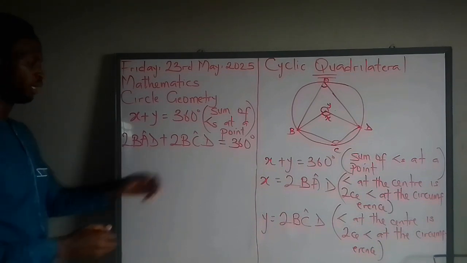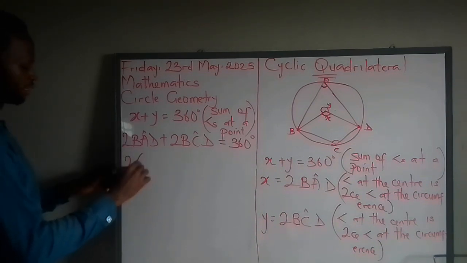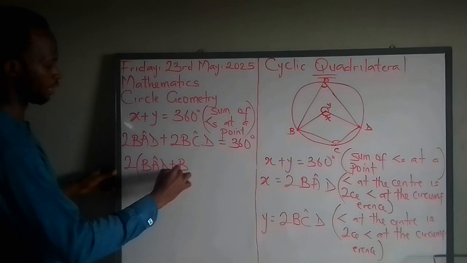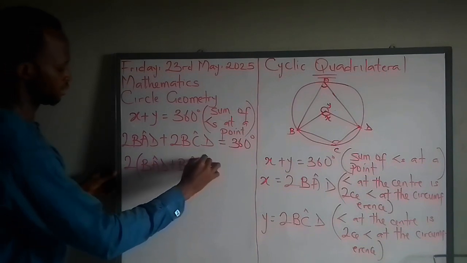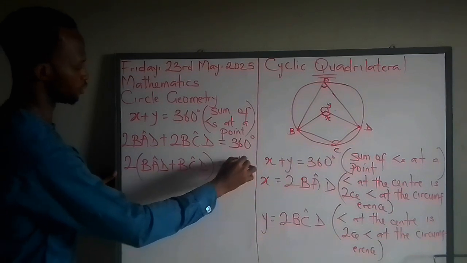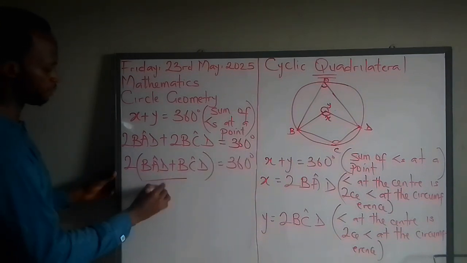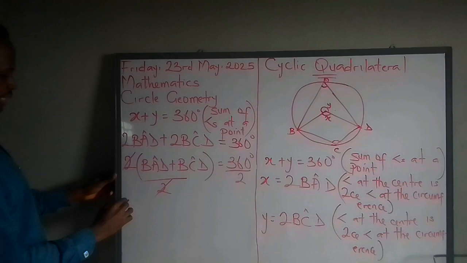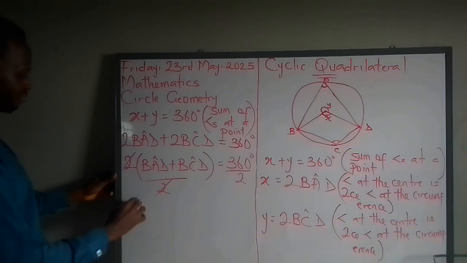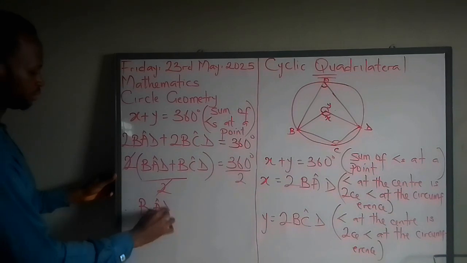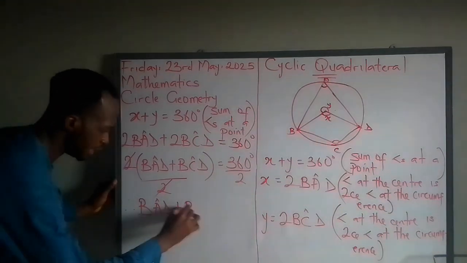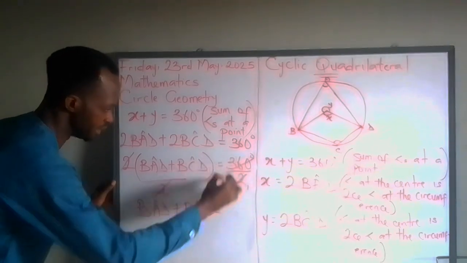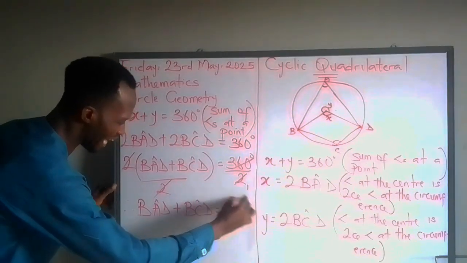All right, so let us factorize 2 here. So we have 2 times the angle BAD plus the angle BCD equal to 360 degrees. So divide both sides by 2, we cancel out 2 here. So therefore, we have the angle BAD plus the angle BCD equal to 360 divided by 2, which is 180 degrees.